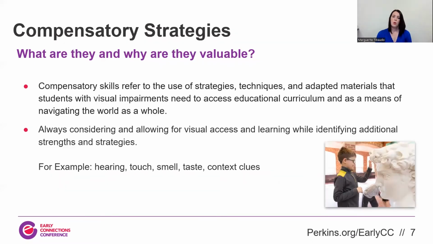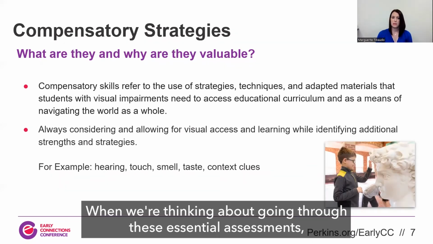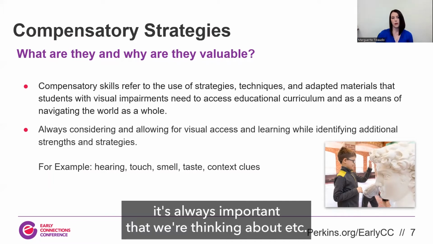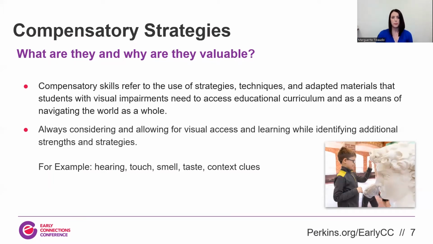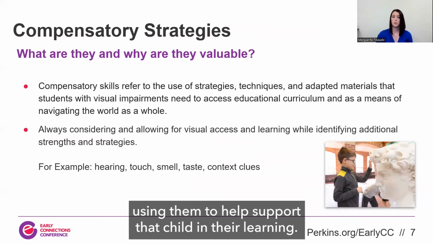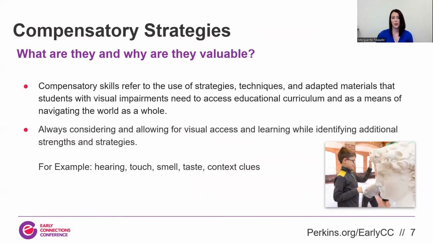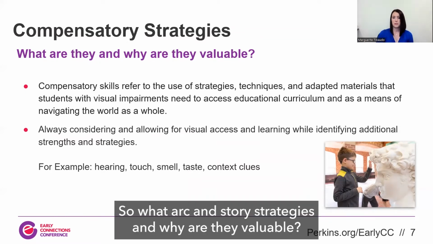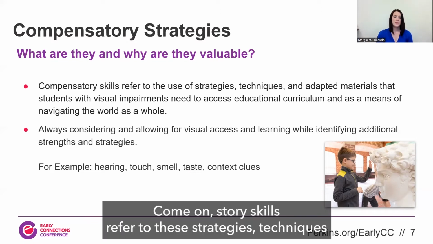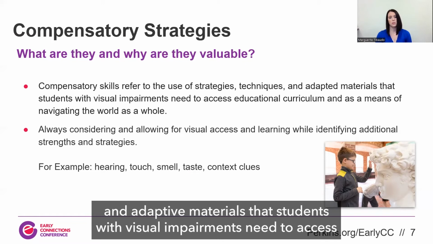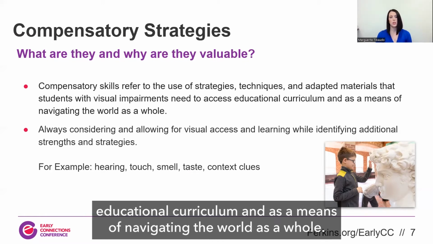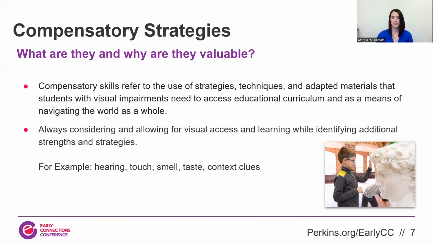When we're thinking about going through these essential assessments, it's always important that we're thinking about compensatory strategies and really using them to help support that child in their learning. So what are compensatory strategies and why are they valuable? Compensatory skills refer to the use of strategies, techniques, and adaptive materials that students with visual impairments need to access educational curriculum and as a means of navigating the world as a whole.